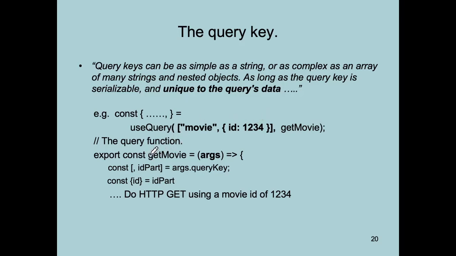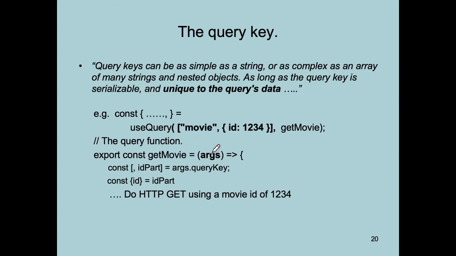And that's what I'm doing down here. So the function's signature has to be a single argument, where that argument is actually, you can think of it as pointing at this structure here. And all I'm doing here is performing destructuring. So I'm going args dot query key. Sorry, I'm slightly misleading you.